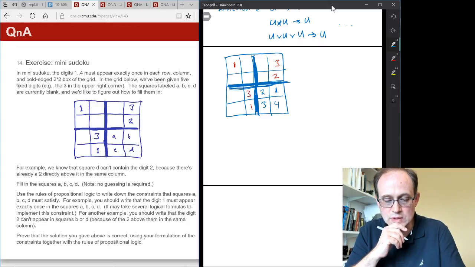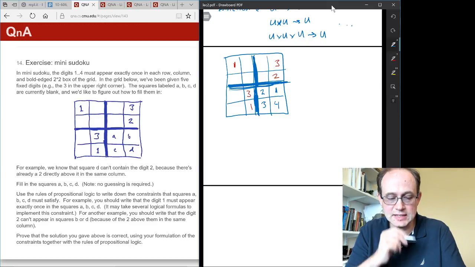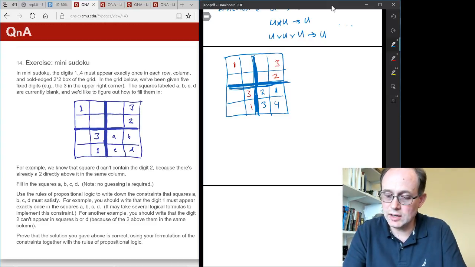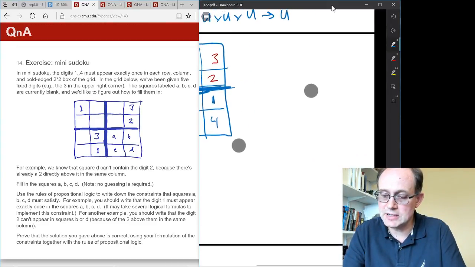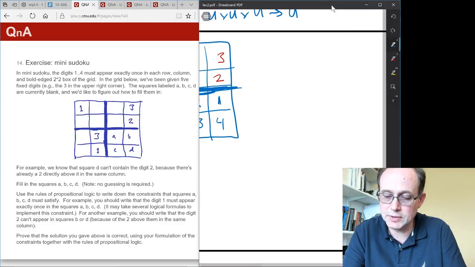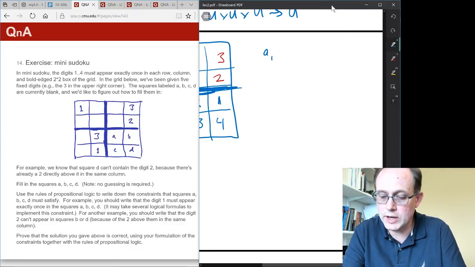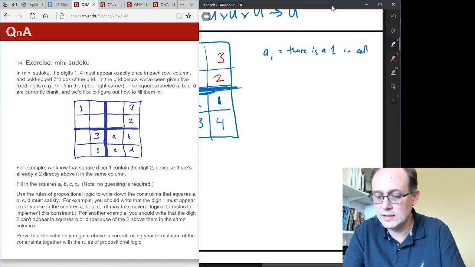these squares A, B, C, and D, we could write variables that mean something. So we could write, for example, A1 to mean the proposition that there is a 1 in cell A, right?